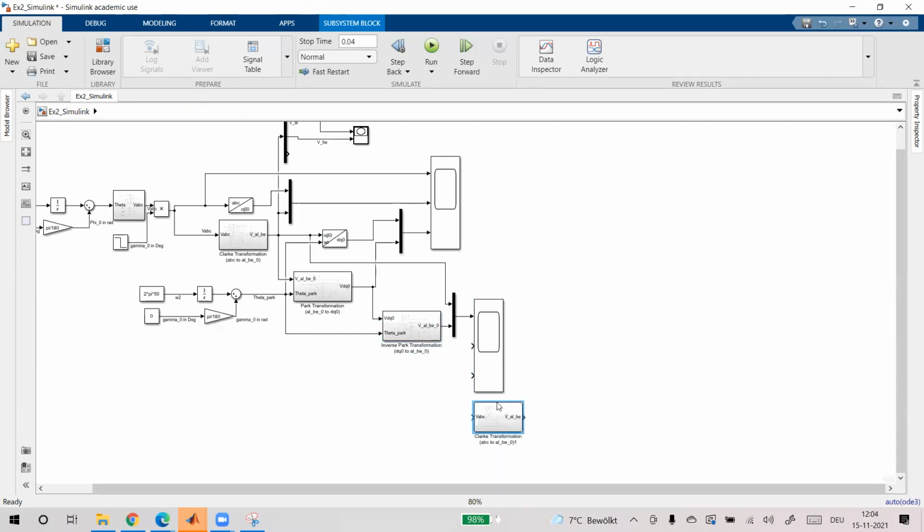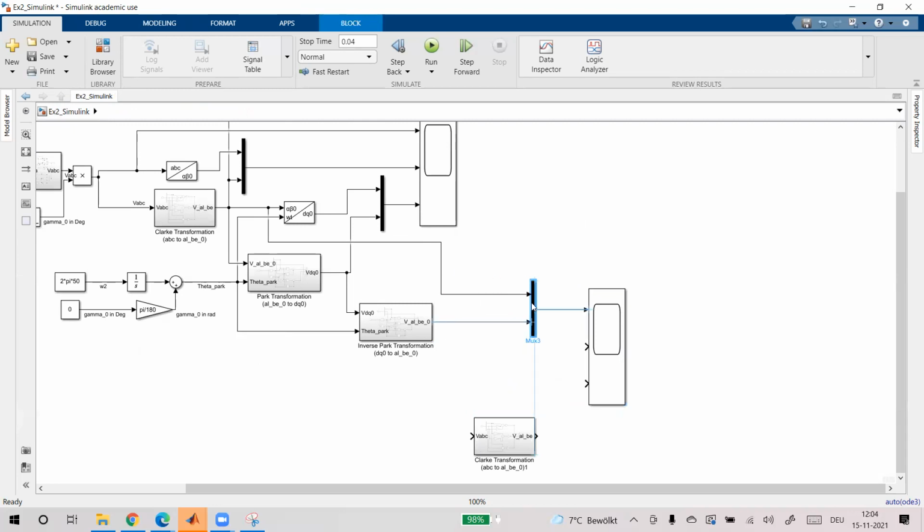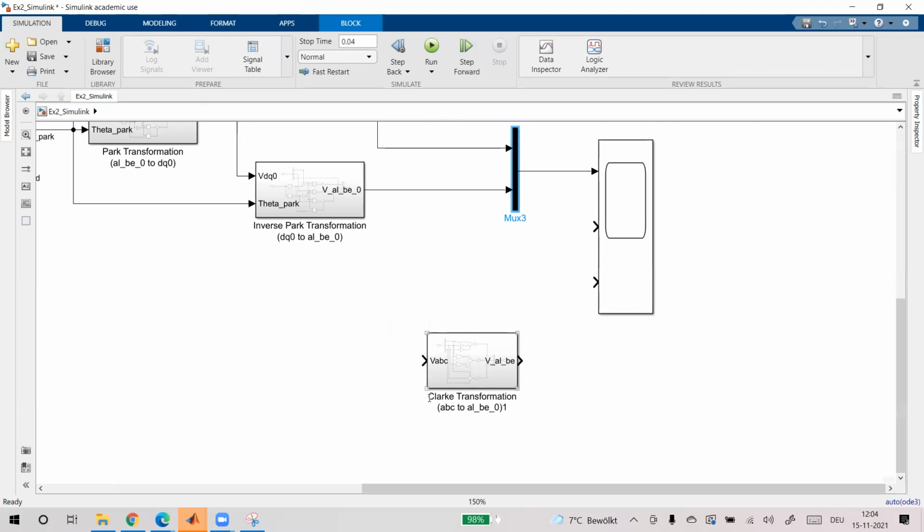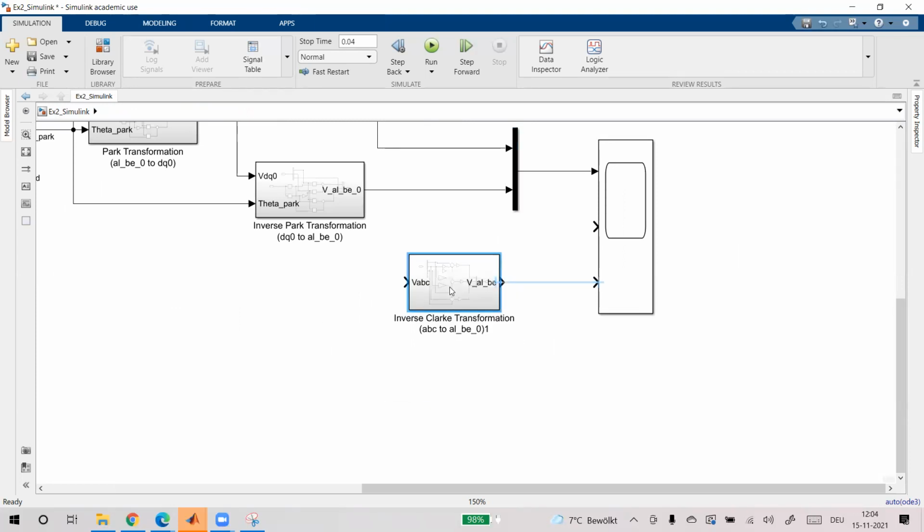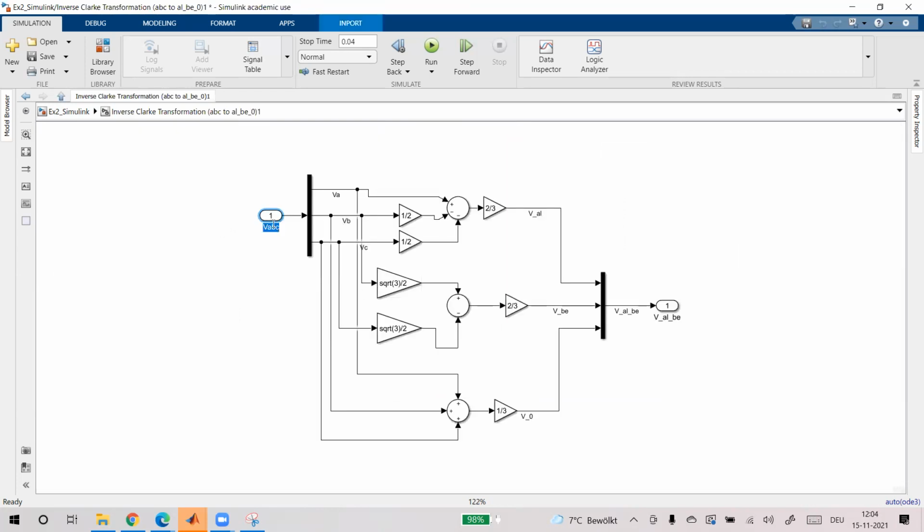So I will just copy that. And do you know the matrix for inverse Clarke?